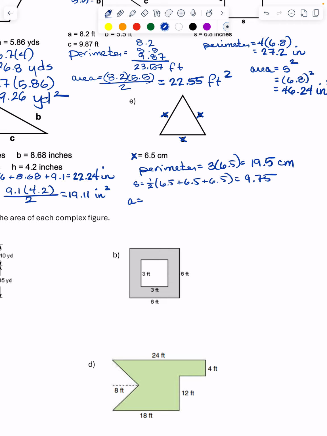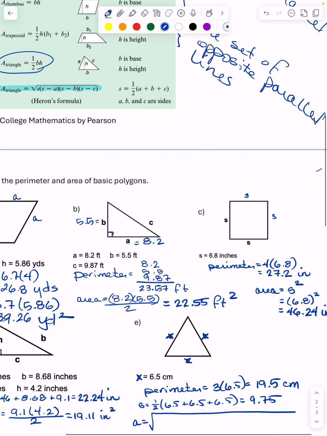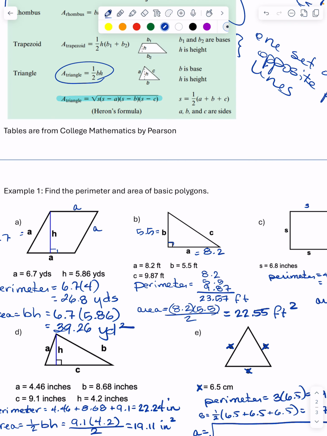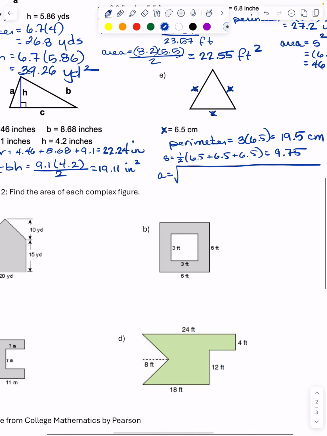Here's my formula. We've got the square root, and let's come back up here to be sure that we're doing what we're supposed to be doing. We are multiplying S, that semi-perimeter, times S minus A, times S minus B, times S minus C. Fortunately, A, B, and C are all the same. So here's my semi-perimeter, 9.75. I'm multiplying by 9.75 minus 6.5.